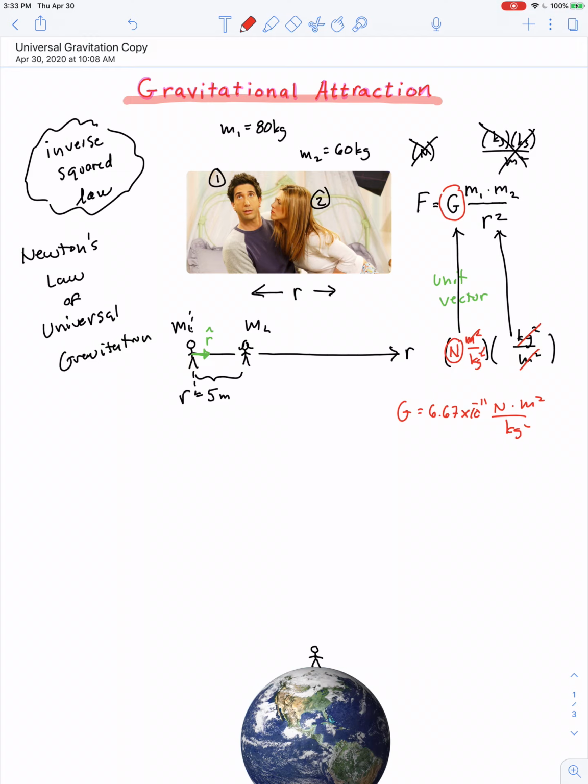In another video lesson in this unit of study, we'll go over something known as the Cavendish experiment. That's named after Henry Cavendish, who performed a famous experiment in order to determine what this constant is equal to. So now we have everything we need to determine what the attraction is between Ross and Rachel.